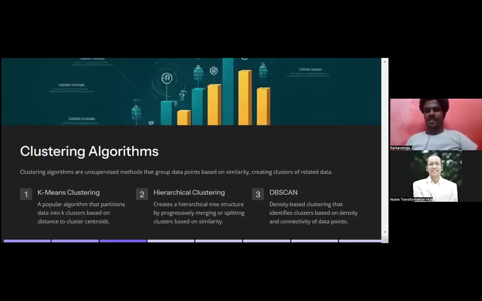So clustering algorithms, guys, are very powerful algorithms. Clustering algorithms are unsupervised learning algorithms. The method is that they group data into different groups based on similarity, creating clusters for the related data.